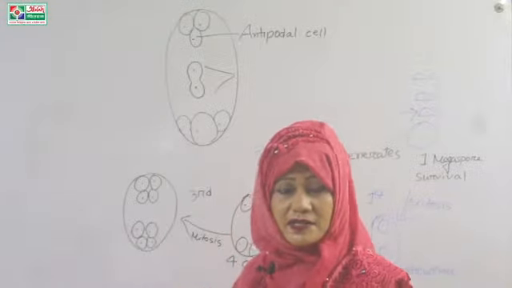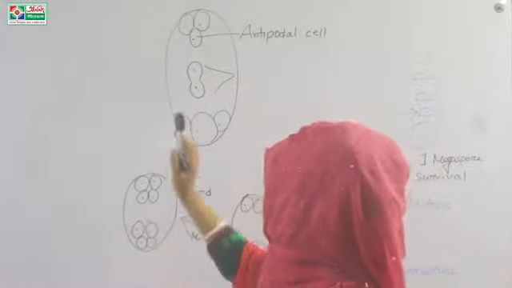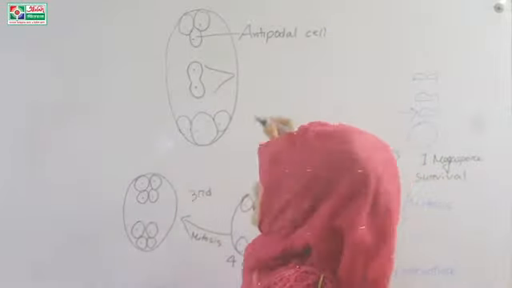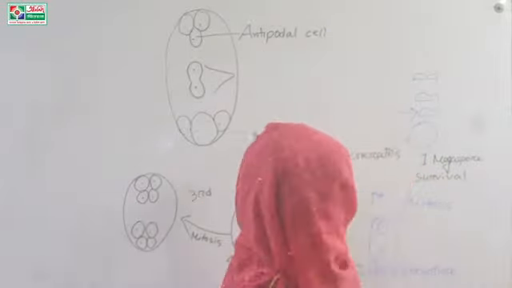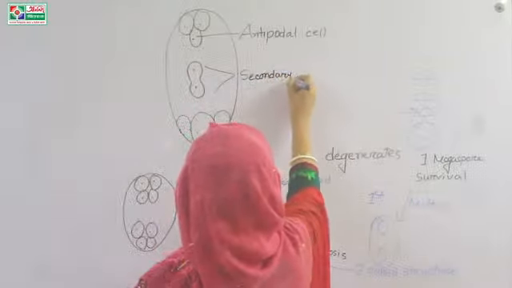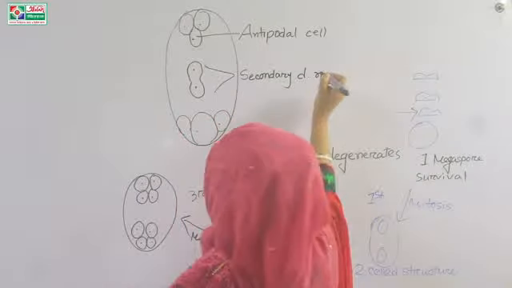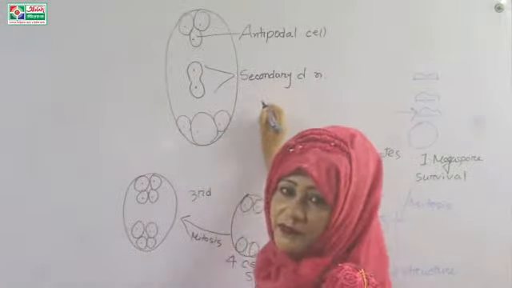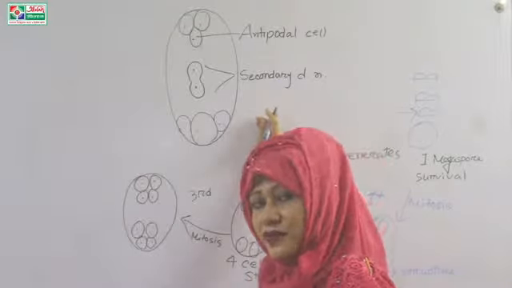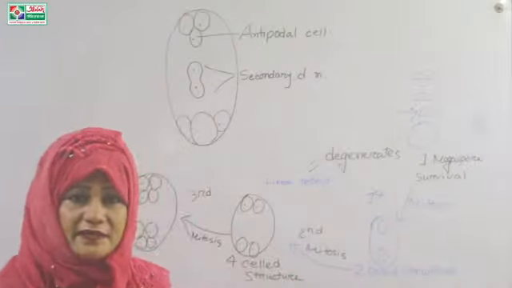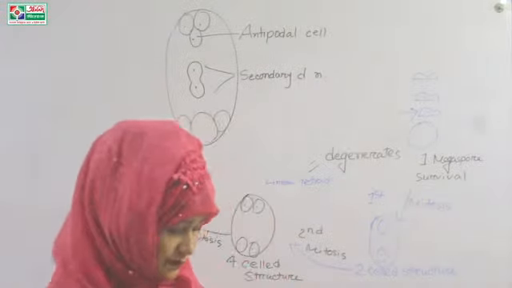Mind it: cytoplasm fuses, not nucleus. And this is known as the secondary diploid nucleus or polar nuclei. Whatever you want you can write: polar nuclei or secondary diploid nuclei.